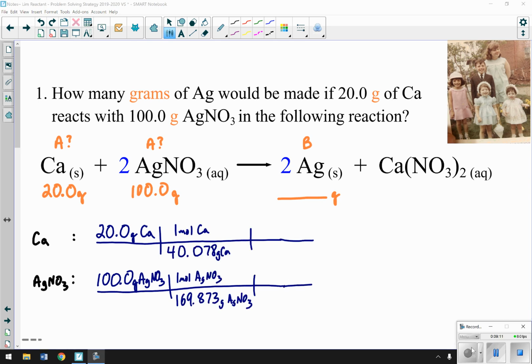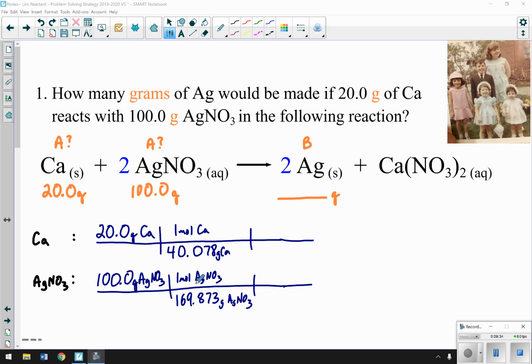Okay, so here we are. Calcium's molar mass is 40.078 grams per 1 mole. And so to get moles, I would divide by the molar mass. Molar mass of silver 1 nitrate, since I want to calculate moles, is 169.873. So again, 100 grams divided by the molar mass of silver 1 nitrate per 1 mole.